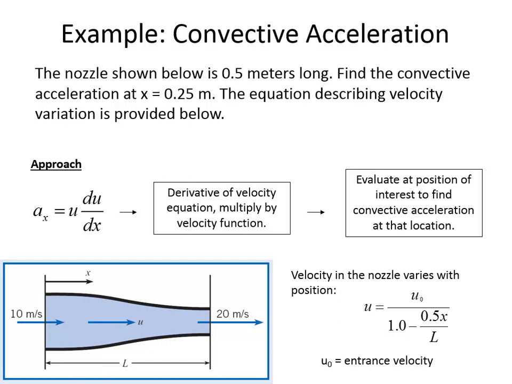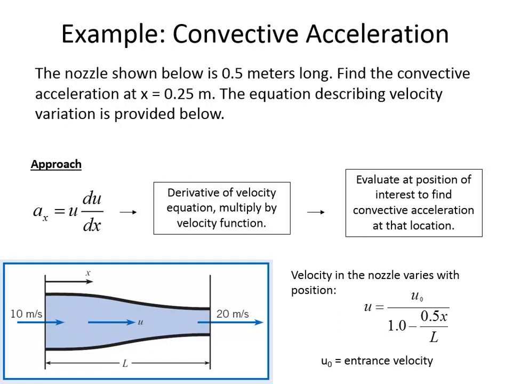We have an equation that describes the change in velocity with respect to length. This complicated looking equation is actually a lot simpler than it seems. When x is equal to L, so when we exit the nozzle, then this will be 0.5, and the initial entering velocity was 10, divided by 1 minus 0.5.